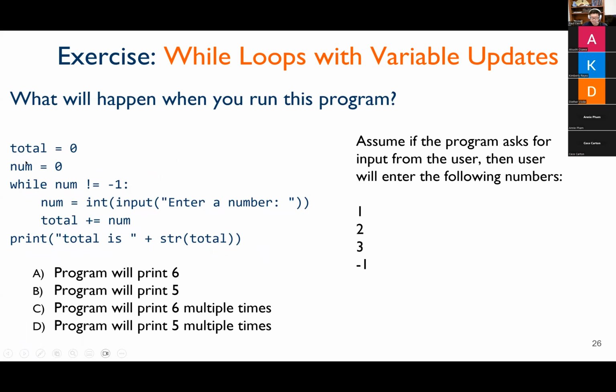Now, if I have this code, I just say num equal to 0. What will be printed out in the end, like this print statement? What will be printed out in here? Okay, so let's vote on this one. What do I expect?